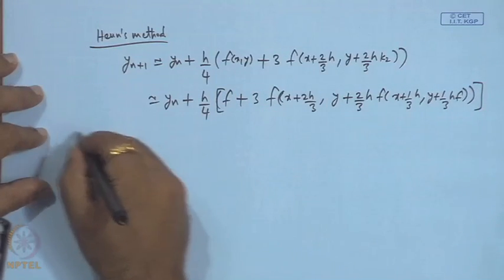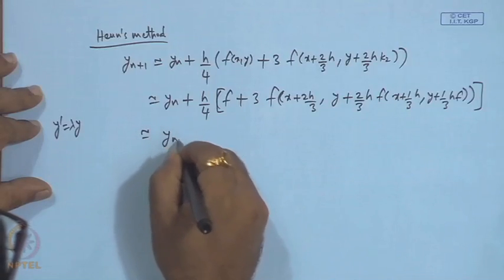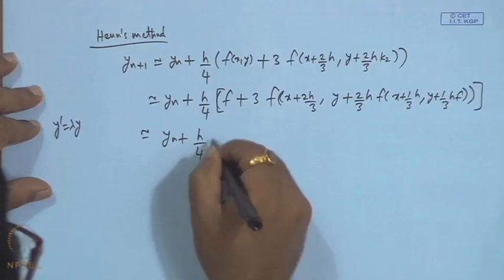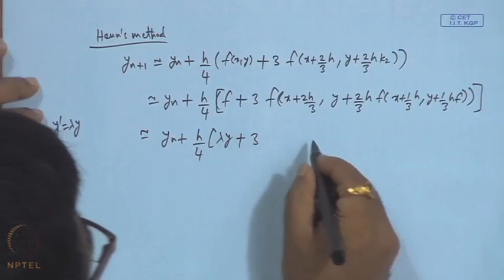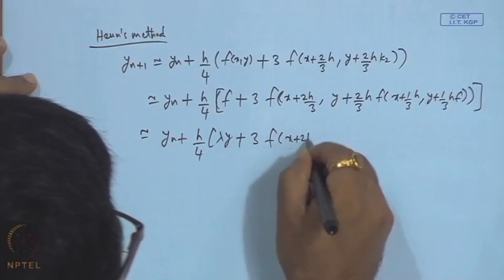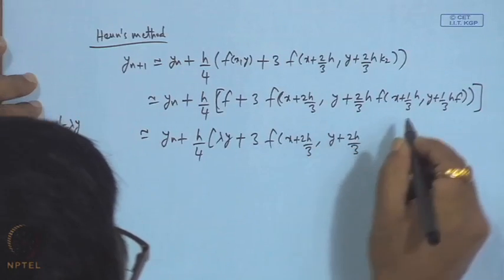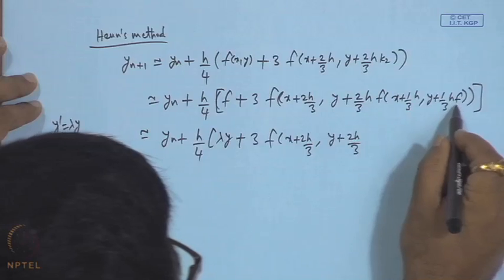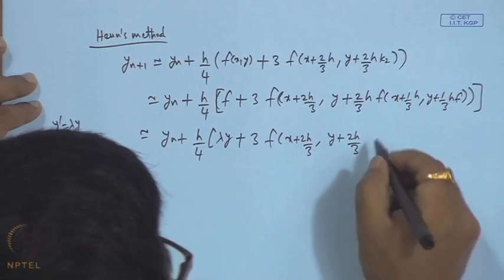So, now with our reference equation y dash equals lambda y, this becomes y n plus h by 4, f is lambda y, and this is f of y plus 1 by 3 h, f is lambda y. Okay.